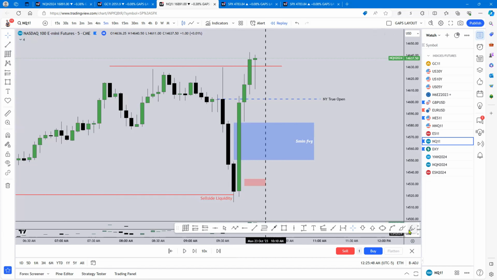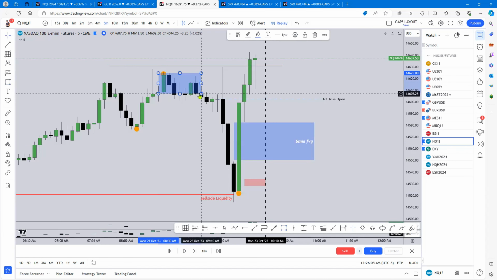So we do have this low, high, lower low. So we can use this last up close candle in here as a breaker entry.